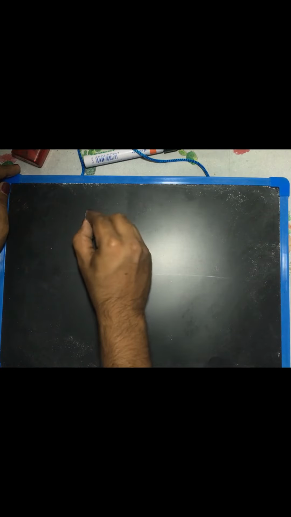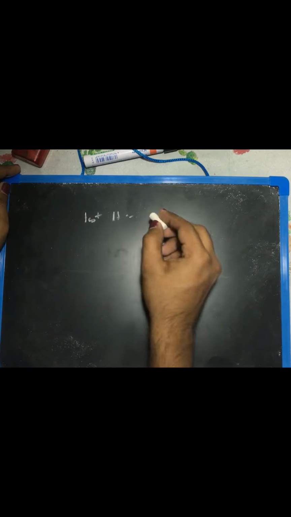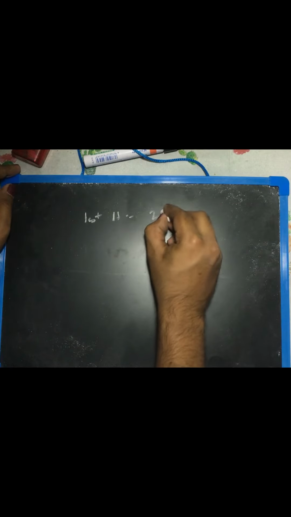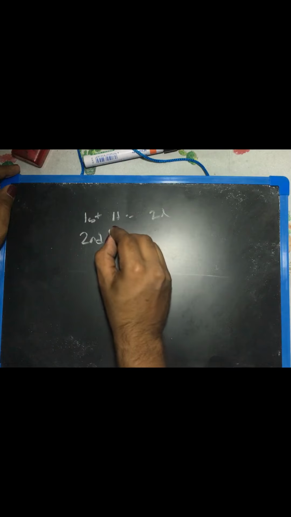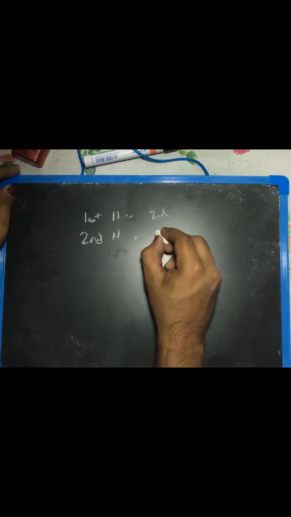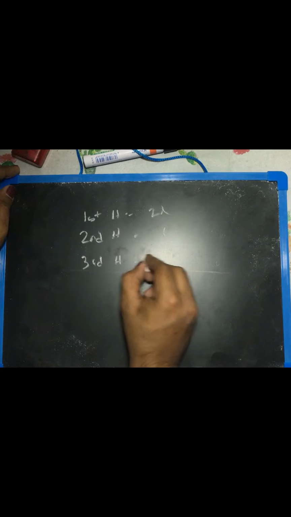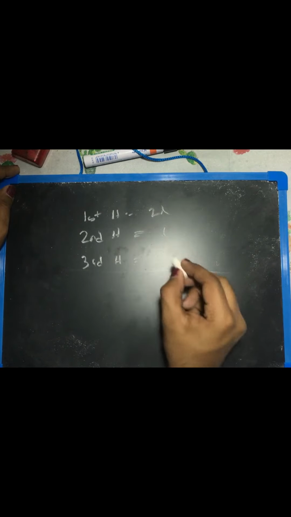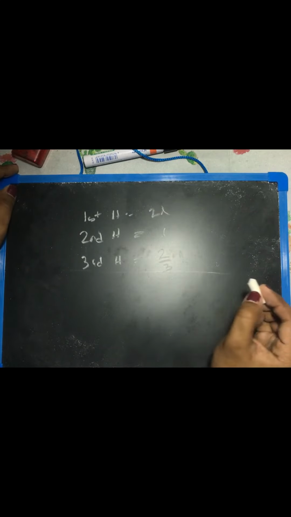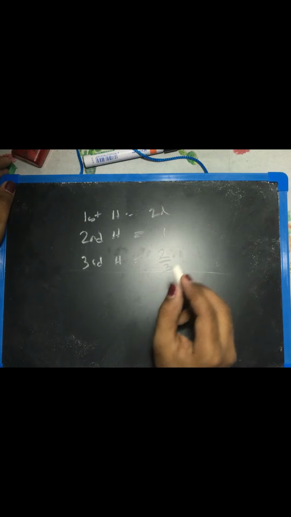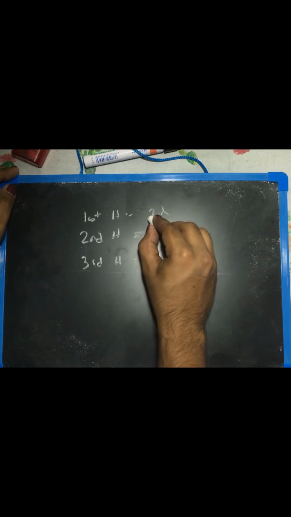The first harmonic was 2L. That's what we remember. Second had just L. Third one had 2 by 3L. So let's see a pattern. I can see what it's doing.